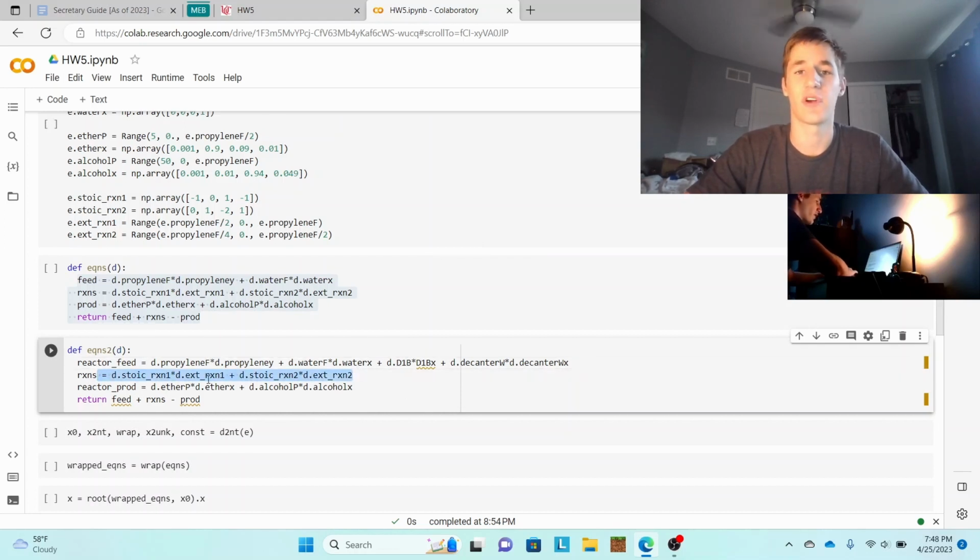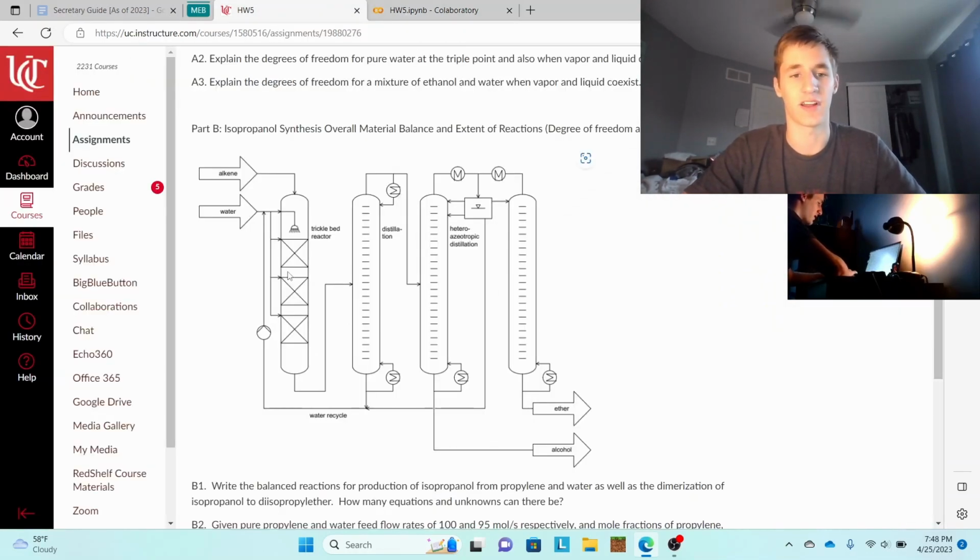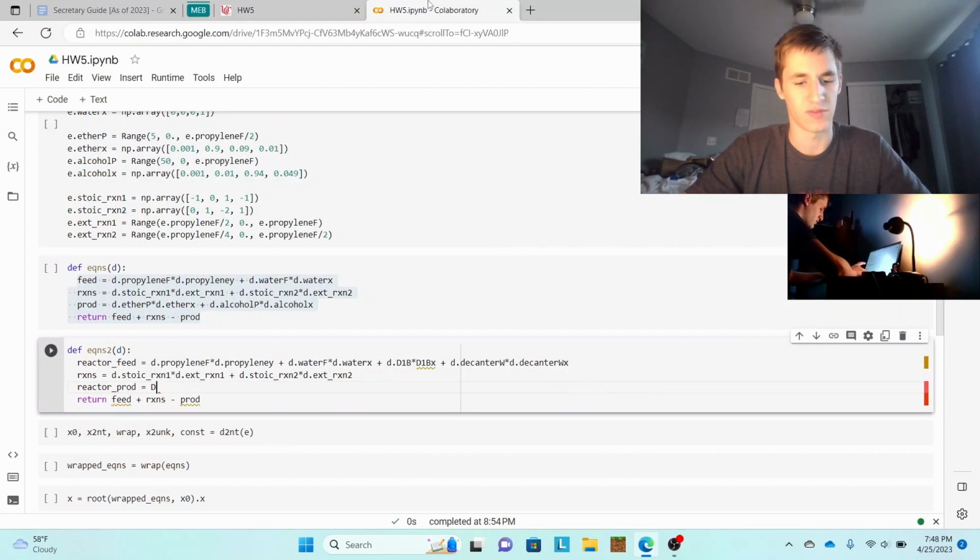The reactions will work the same way, but this product here, right? I don't want the ether and alcohol product. Now I want just this distillation, right? So I will call this distillation feed. Right? So D dot distillation feed times D dot distillation feed X. And I no longer want to return just this.